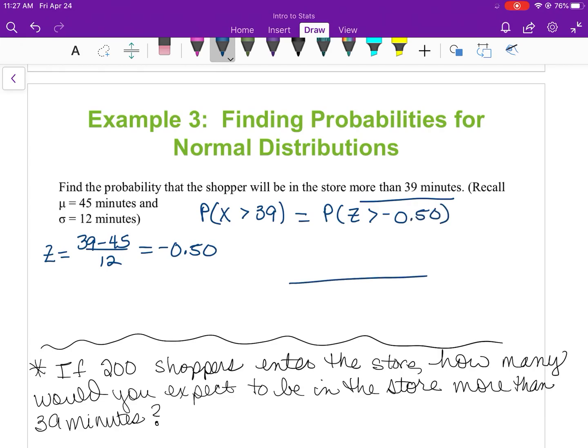If I look at that on my curve, it looks like this. Here's 0. We'll put negative 1/2 here, and you're finding this area on the right. We know that the area on the right is 1 minus the area that we're going to find in our table.